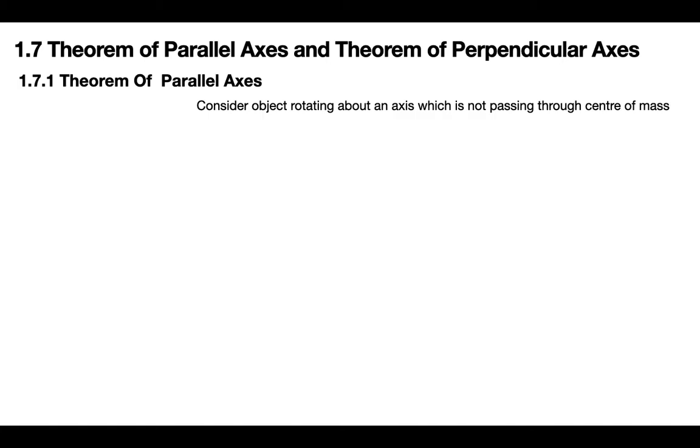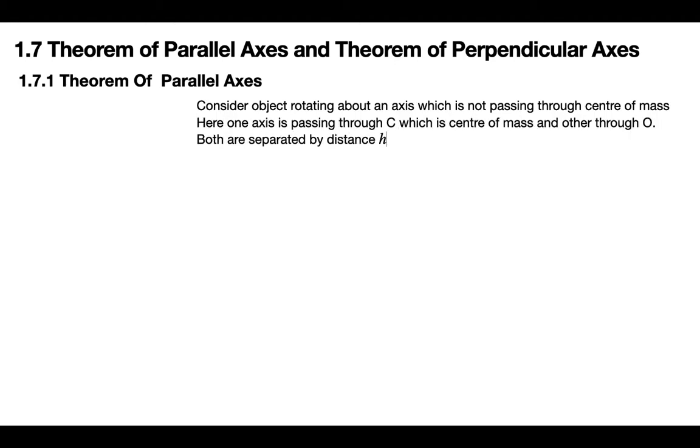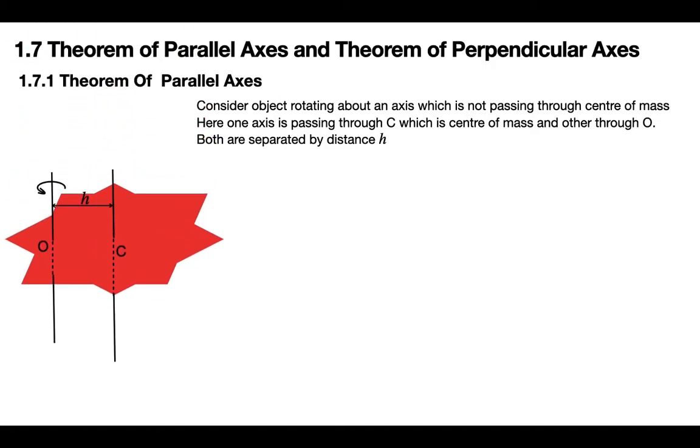So let's see what the theorem of parallel axis is. Consider an object rotating about an axis which is not passing through the center of mass. Here one axis is passing through C, which is the center of mass, and the other through O, around which the object is revolving. These two axes are parallel to each other and separated by distance h.